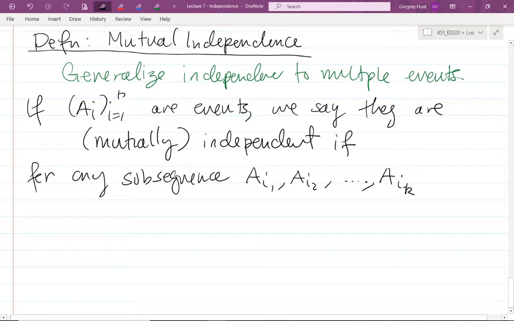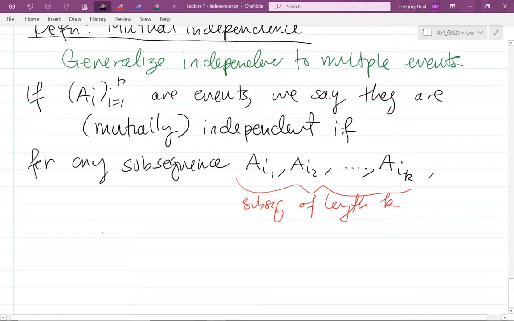So for any subsequence, of length k in this case, but the length doesn't matter, we basically have a similar multiplicative rule. That is, for any subsequence of my original A sub i's, the probability of the intersection, A sub i1 intersect A sub i2, intersect all the way up to A sub ik, can you guess what this is?